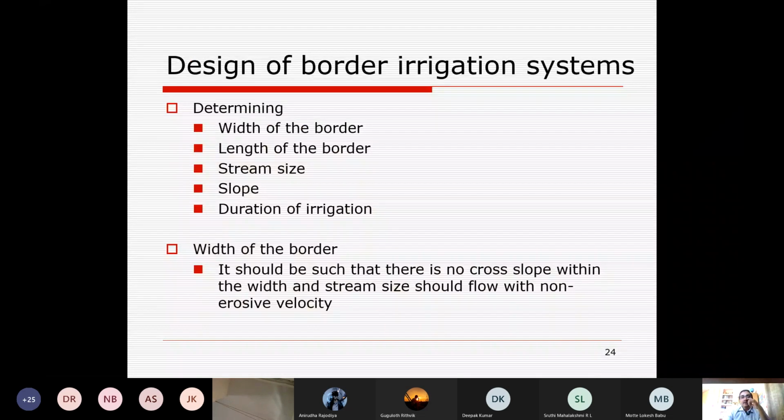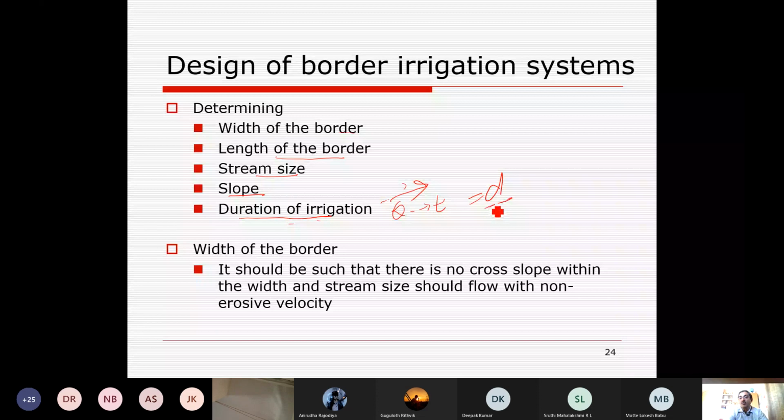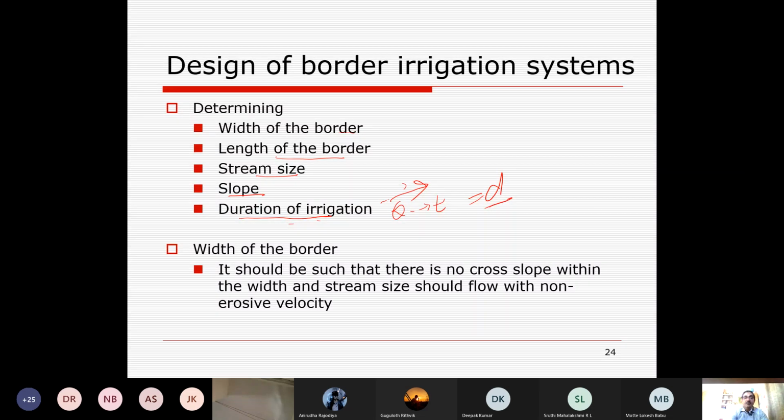Now, in the design of a border irrigation system, what we need to determine are the width of the border, length of the border, stream size, slope, and the duration T for how long the stream should be diverted to supply depth D of water in the field. The width of the border should be such that there is no cross slope, but only one directional downward slope.